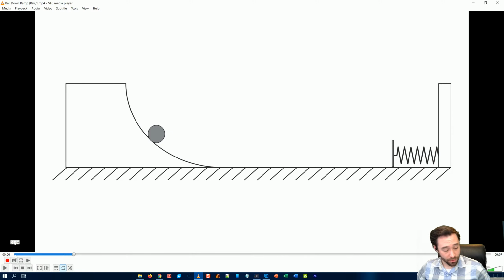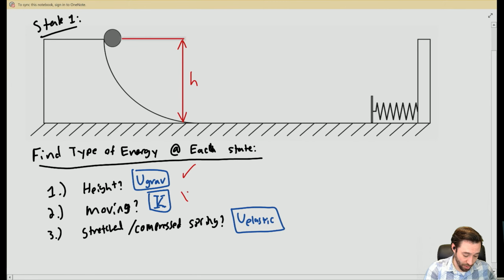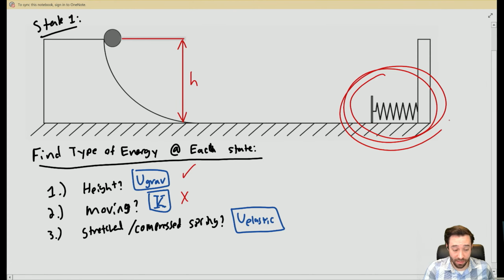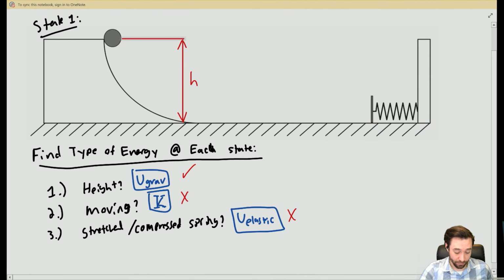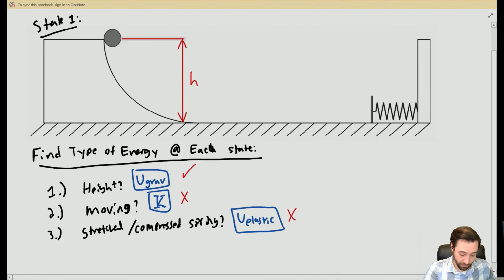So the object is not moving at state 1, so there is no kinetic. And at state 1, the spring has not been stretched or compressed, so there is no elastic. Cool. So the only energy that's present at state 1 would be gravitational potential.